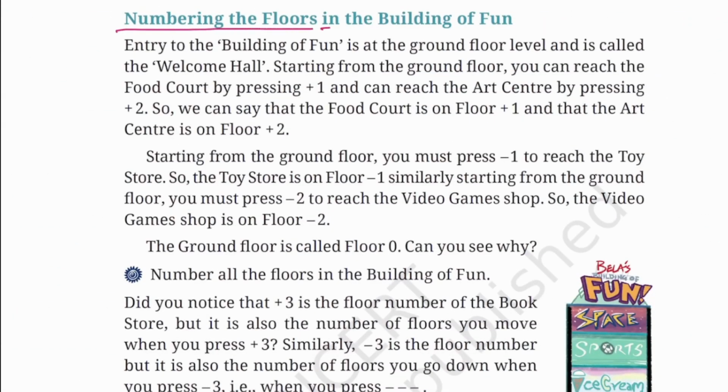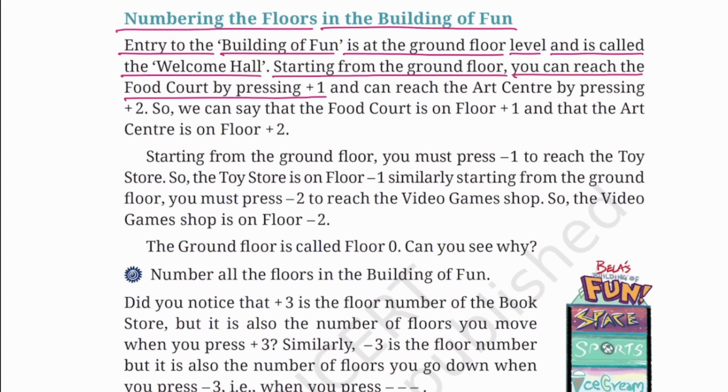Numbering the floors in the Building of Fun. Entry to the Building of Fun is at the ground floor level and is called the welcome hall. Starting from the ground floor, you can reach the food court by pressing plus 1 and can reach the art center by pressing plus 2.